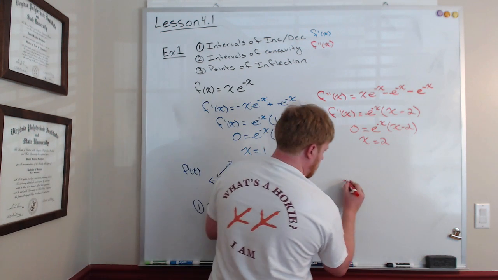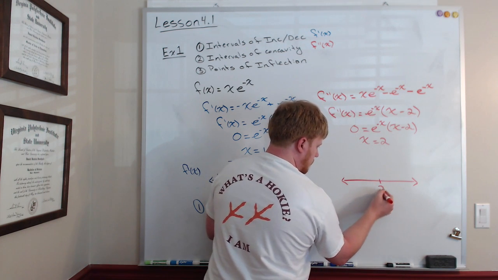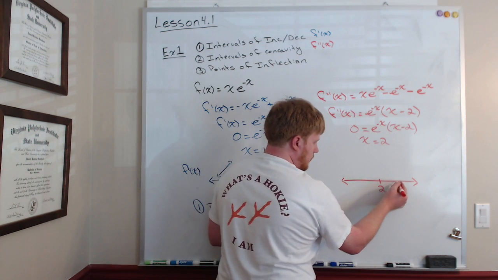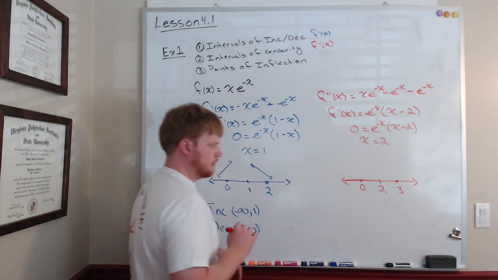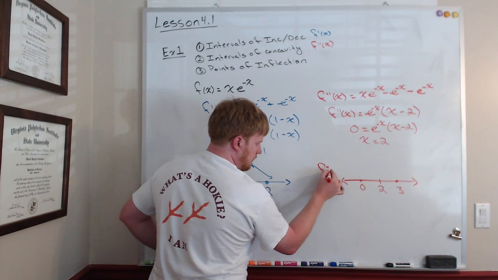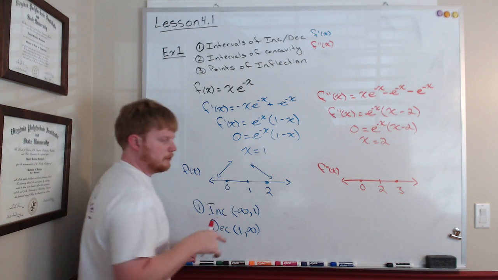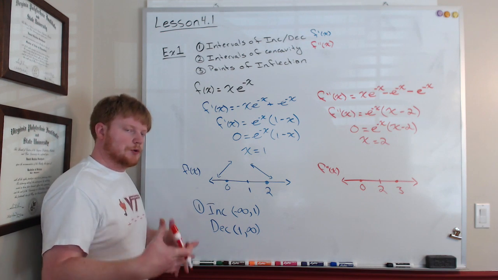All right, so another number line. Possible point of interest. Let's try 3, and let's try 0. Okay. Don't forget to always be labeling what your number line is so that the reader or myself knows what you're talking about.